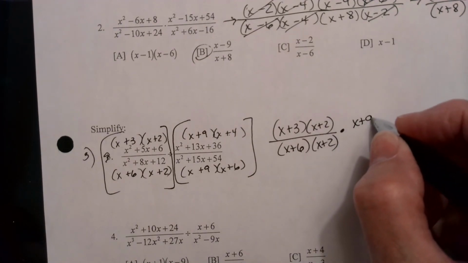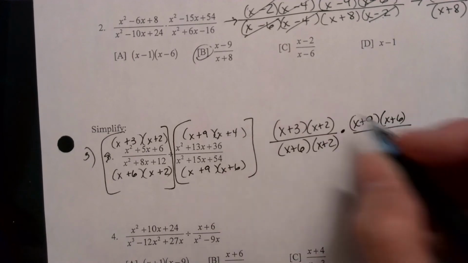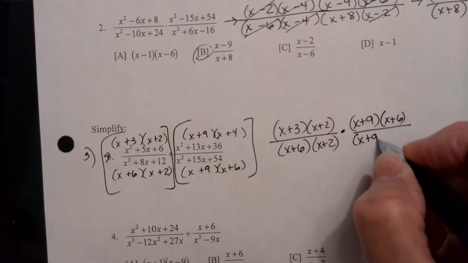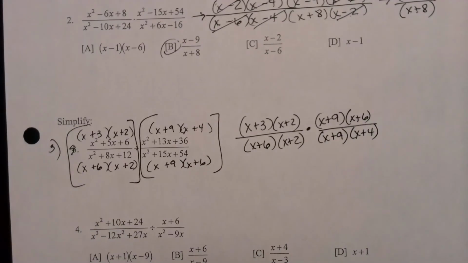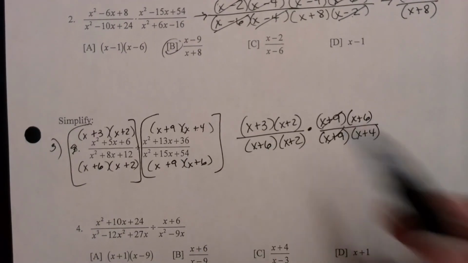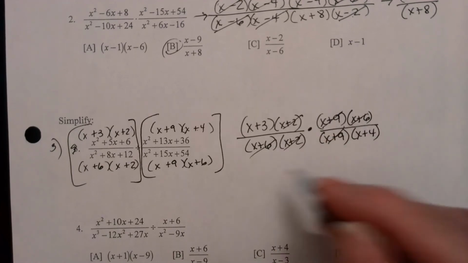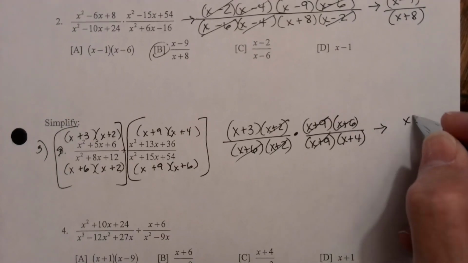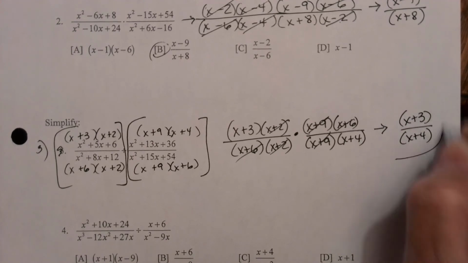So x plus 9 times x plus 6 over x plus 9 times x plus 4. And then I'm going to see what I can reduce. Well, I could have reduced those actually ahead of time, right? Okay, those reduce, that reduces, and I end up with x plus 3 over x plus 4. That's my answer.